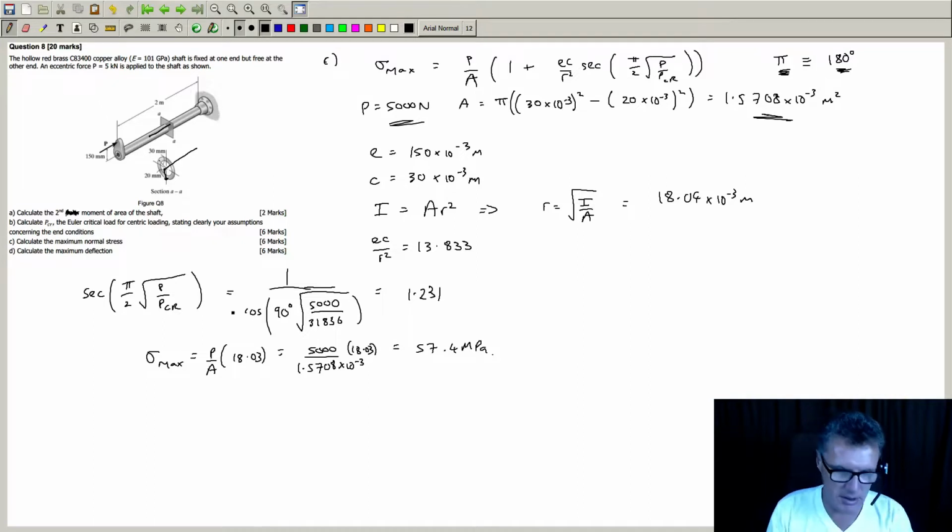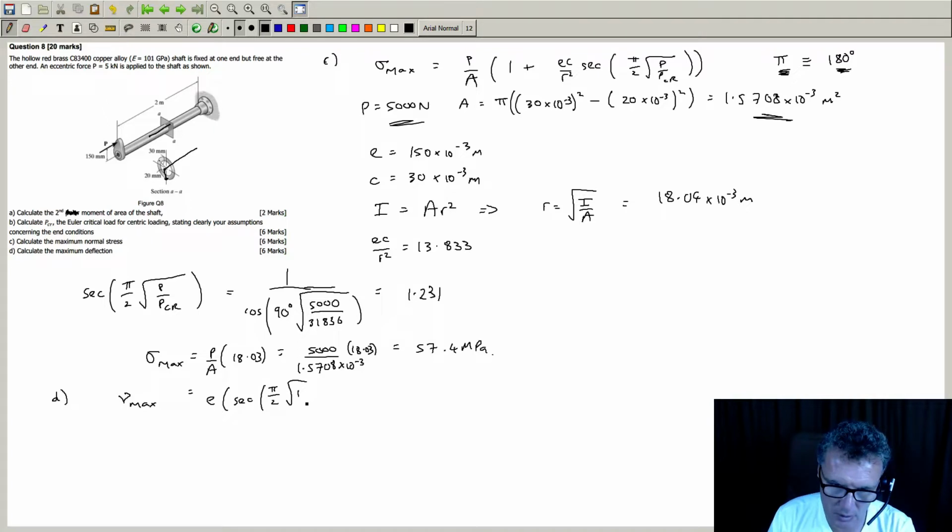And the last bit, D, 6 marks for not very much really. Look up on your formula sheet, the maximum deflection is given by this equation. So the e, and I'm going to use sec of pi over 2 root of P over P critical, take away 1.